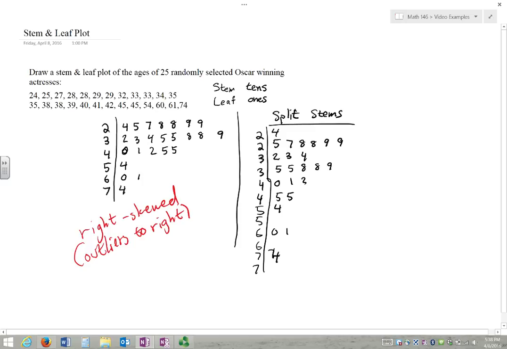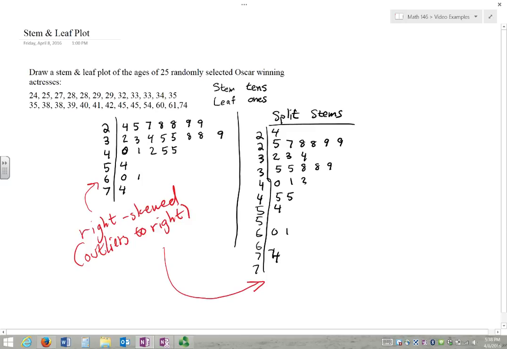And we can see that from both graphs. Sometimes split stems will give you a more accurate picture. For example, you can have a graph that looks symmetric with fewer stems, but looks skewed with more stems. That does not appear to be the case here. Either way, we can tell that this is pretty much right skewed data.